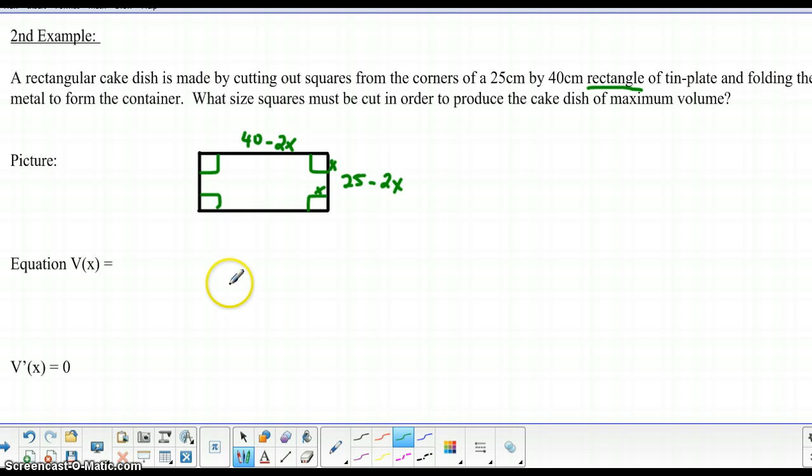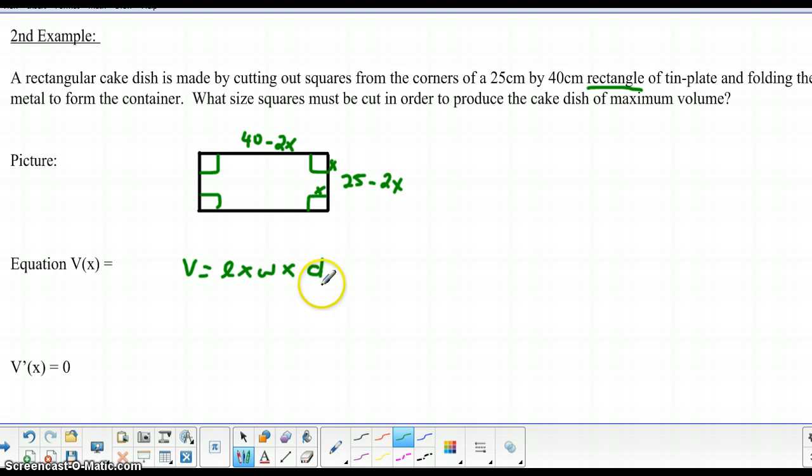Okay, now I think my picture is okay. I know my units is centimeters, so I'll have to bring that back later. Let's think, now we want to produce the maximum volume. So our volume formula for this type of shape would just be our length times our width times our depth.